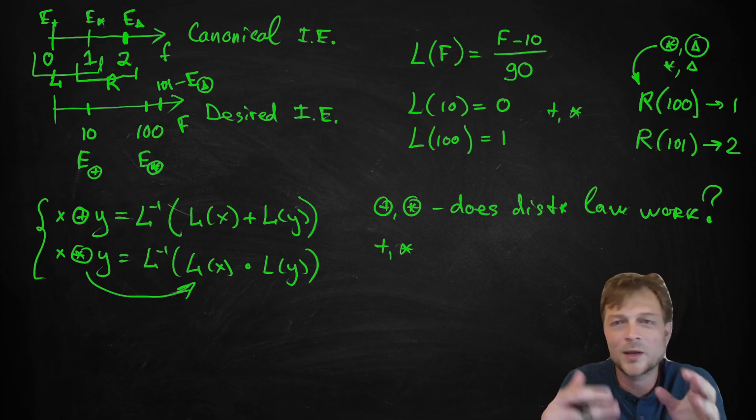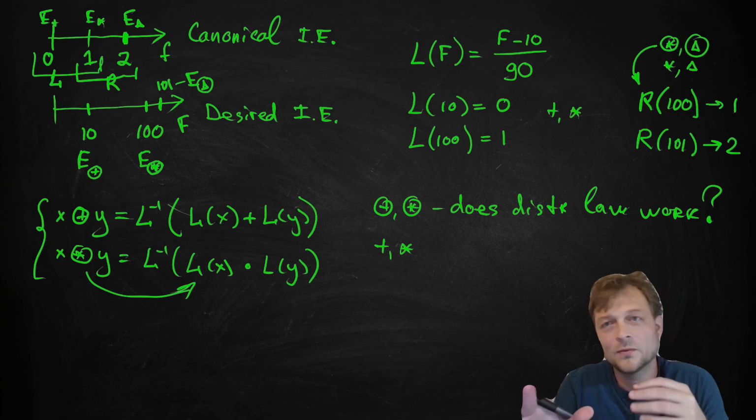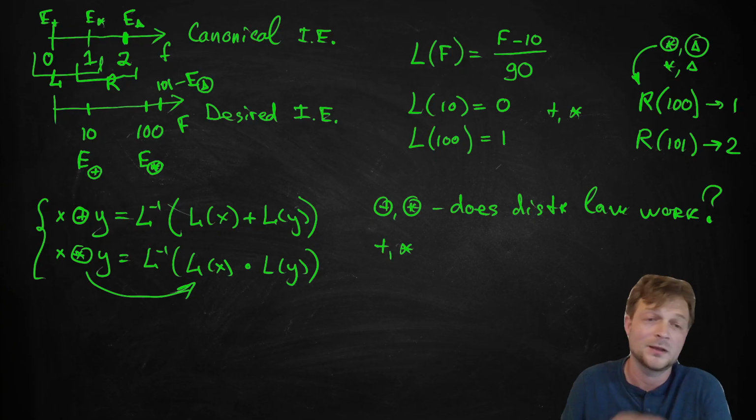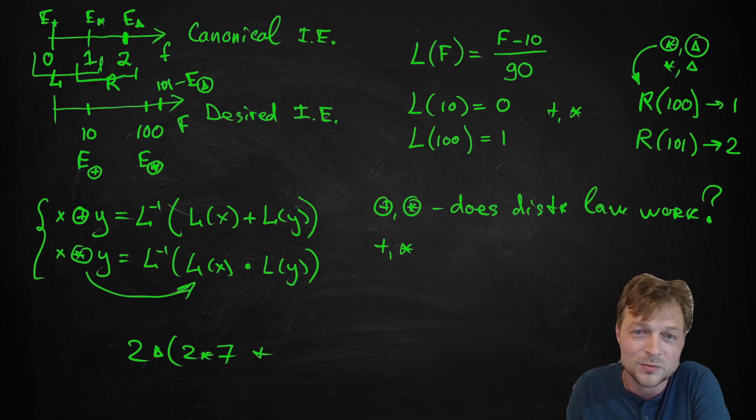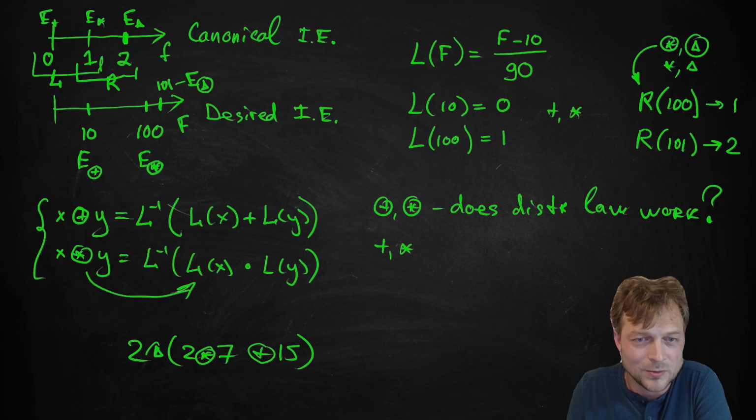Whenever we have a formula that involves some numbers and many operations, like a formula combining the triangle operation, then 2 multiplied by 7, and then the plus operation 15, let's say they are all circled operations.